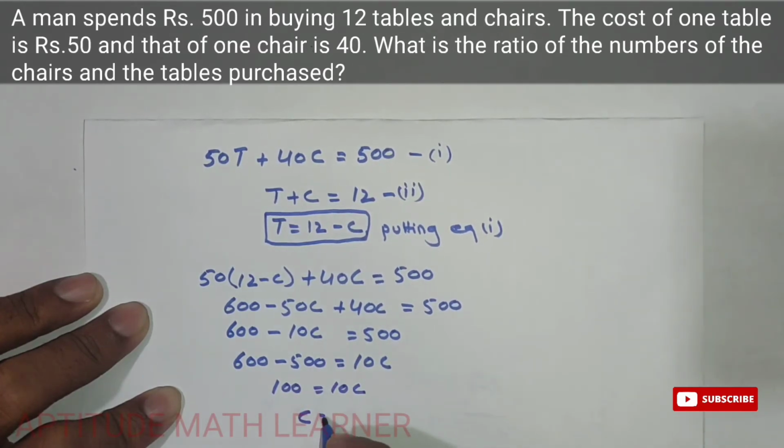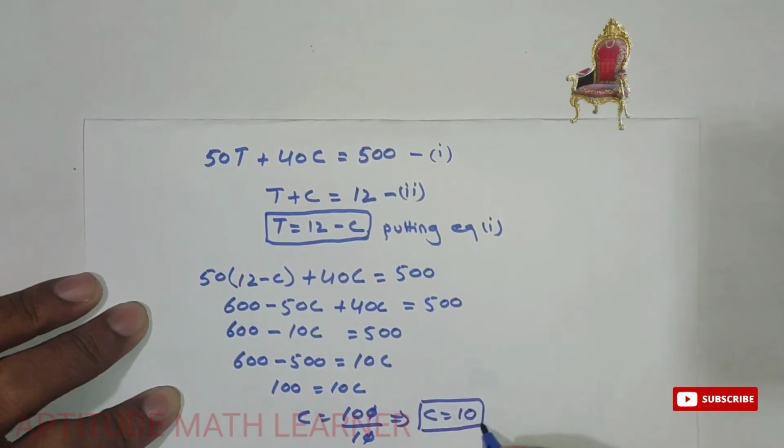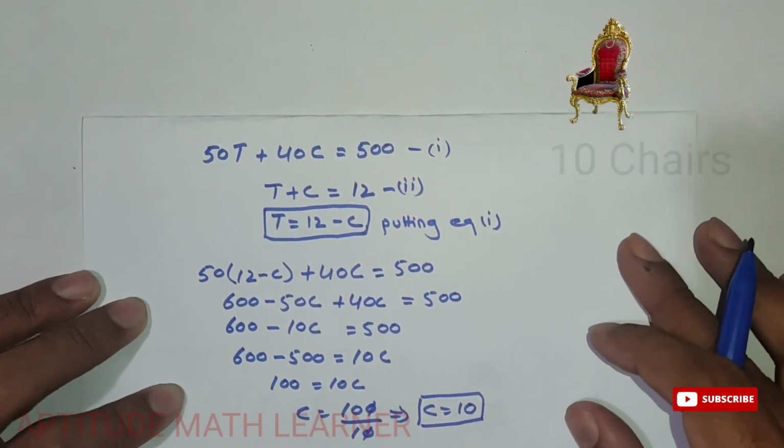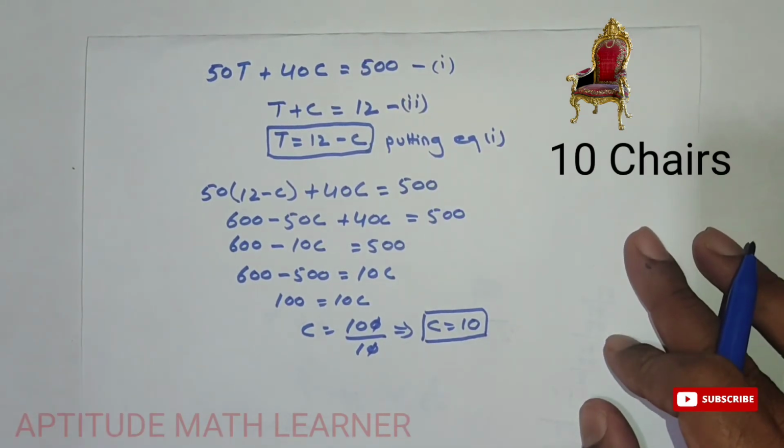Then the value of C is 100 divided by 10. So we cancel the zeros and it becomes C is equal to 10. This is the number of chairs he purchased.